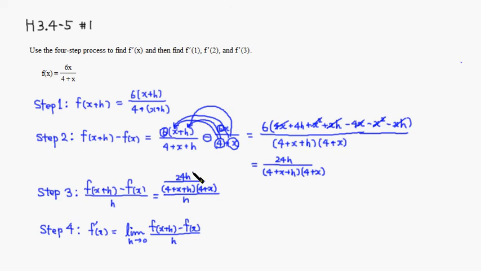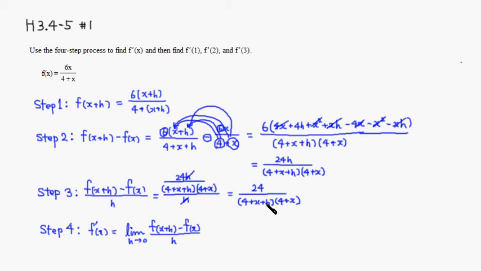So you have an h on top and an h on the bottom that cancel out, so you will get simply 24 on top. Then you have quantity 4 plus x plus h times quantity 4 plus x. And the last step.